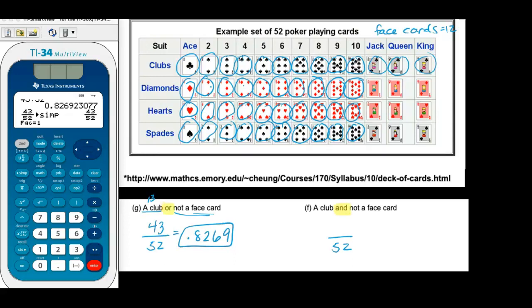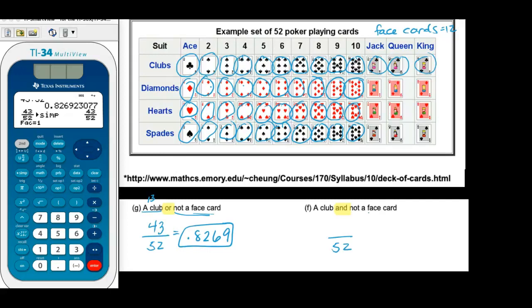Or means we count any card with either of the characteristics, so we counted even the face cards that were clubs. In this case, we can only count the card if it is a club and it is not a face card at the same time.